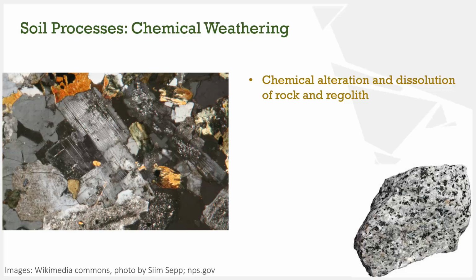Water and microbes and plants and things like CO2, which forms carbonic acid when combined with water, become really important for these chemical weathering reactions to start to attack minerals. Some minerals will preferentially dissolve away, while others, like quartz, stay behind.